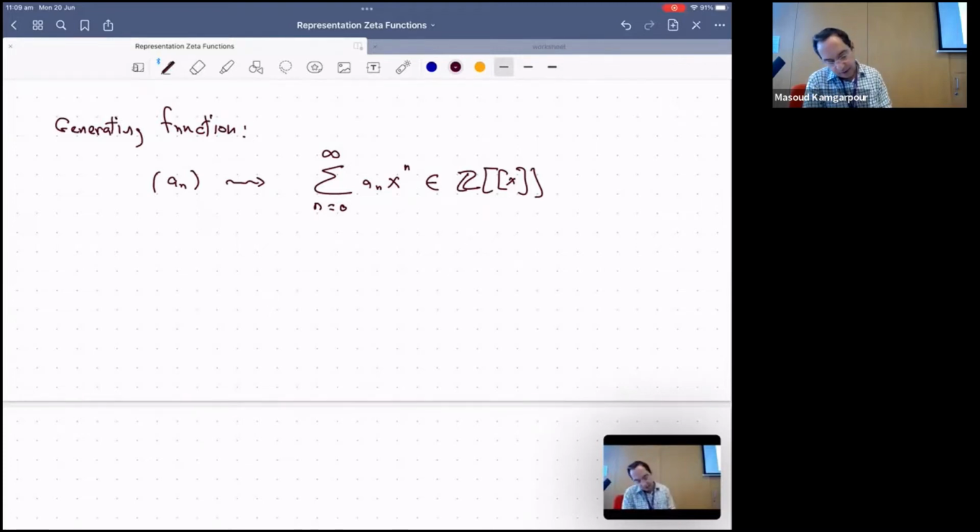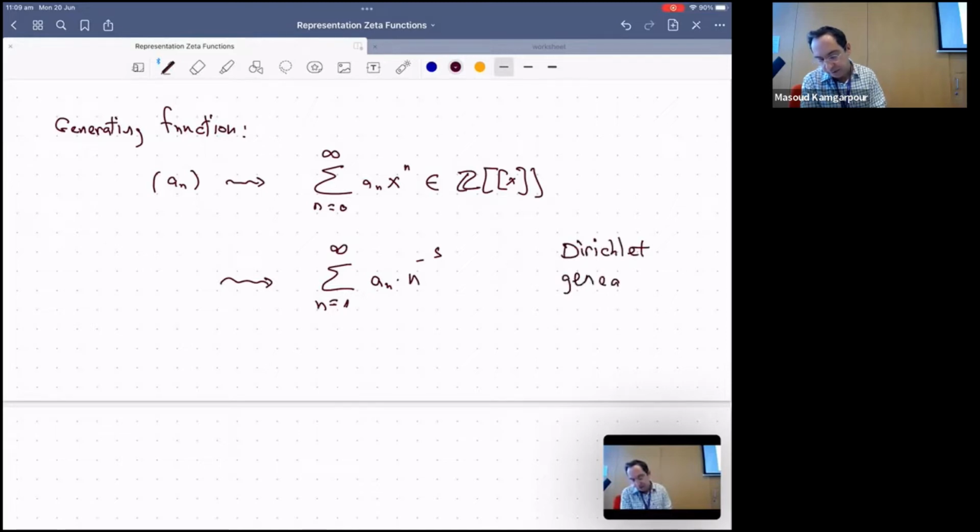And the other one, which is also used, the starting point was in analytic number theory, was to use a Dirichlet generating function. So to look at the sum of the form a_n n to the minus s, where n goes from 1 to infinity, that will be a Dirichlet generating function.